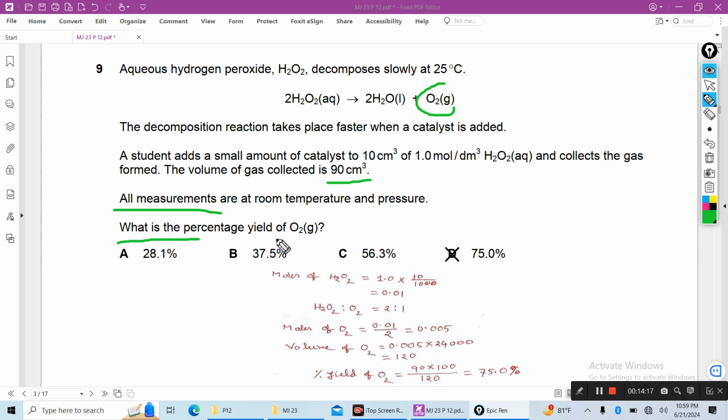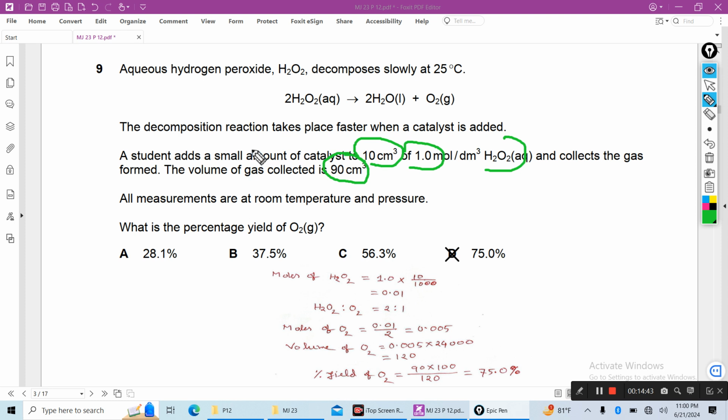What is the percentage yield of oxygen? The actual volume is given, 90 centimeter cube, and the hydrogen peroxide volume is given, 10 centimeter cube. The concentration is given, 1 mole per dm cube.